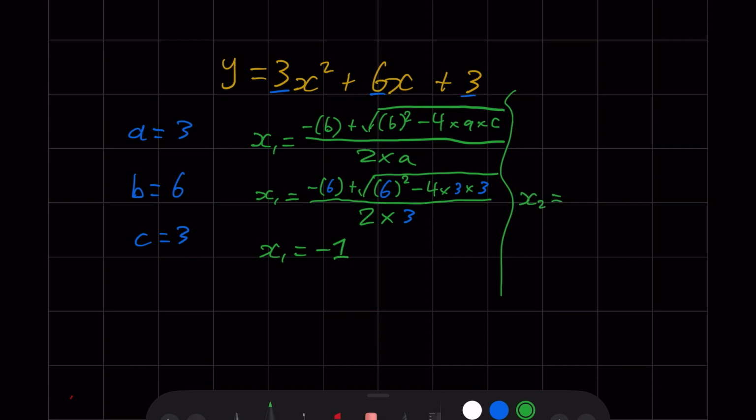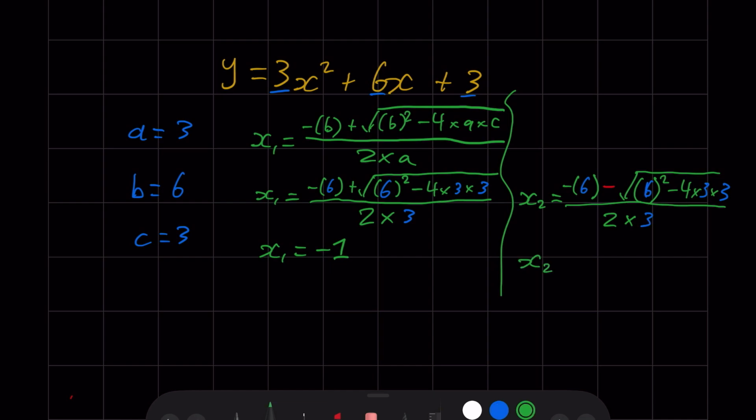So x2 equals, and I'll do it over here, negative 6 minus the square root of 6 squared minus 4 times 3 times 3, all of that over 2 times a, which is 3.